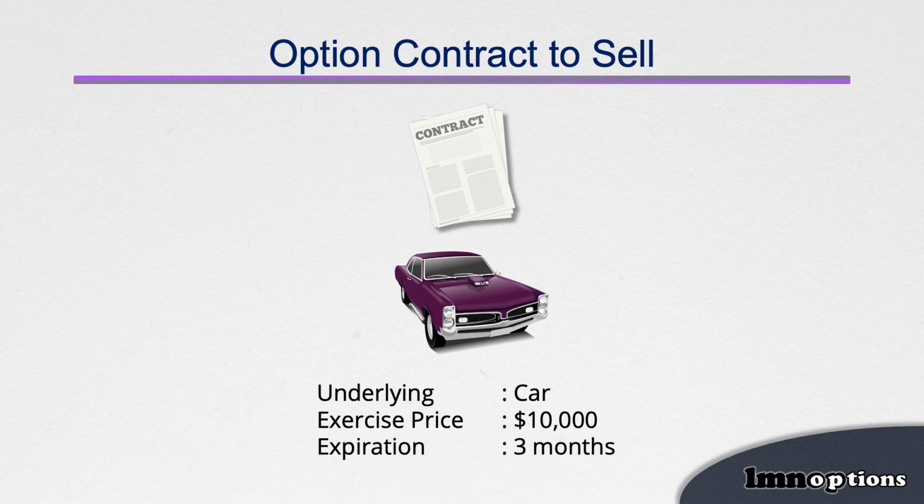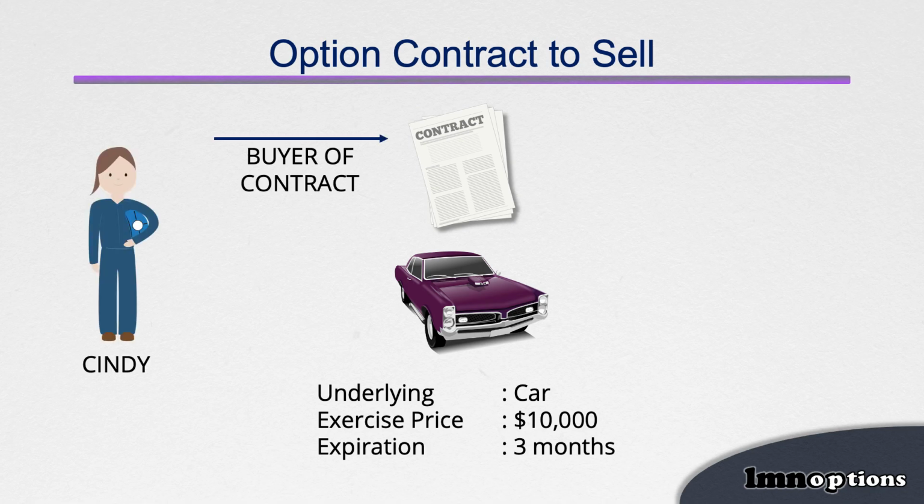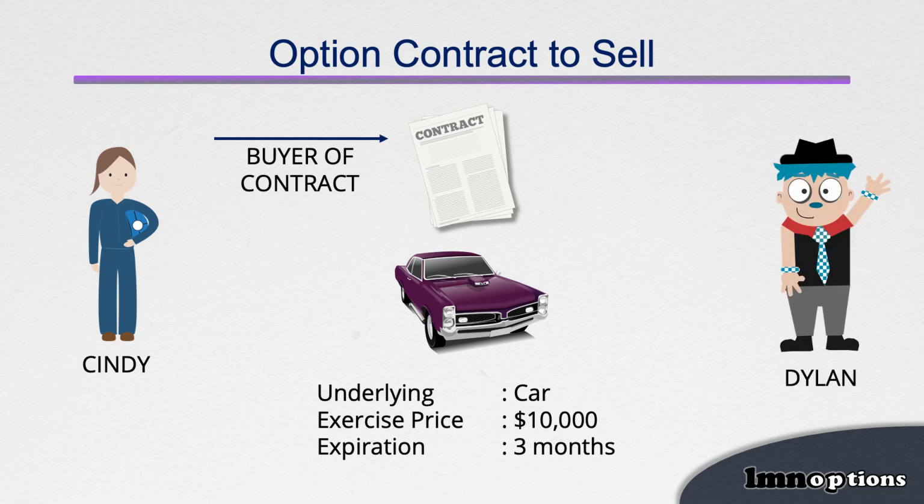So let's introduce another character, Cindy. Now Cindy is the buyer of the contract to sell the car, and Cindy has bought this contract from Dylan. Dylan is the seller of the contract. So what does this mean?